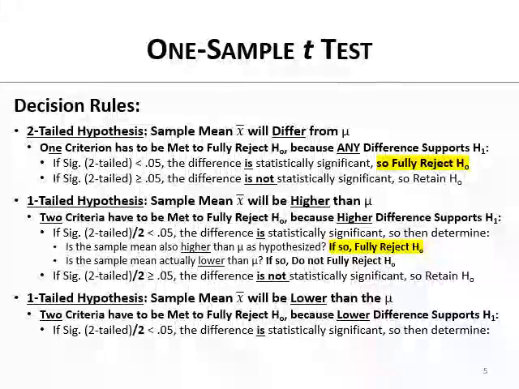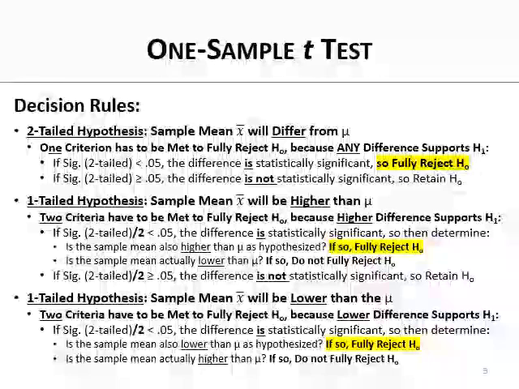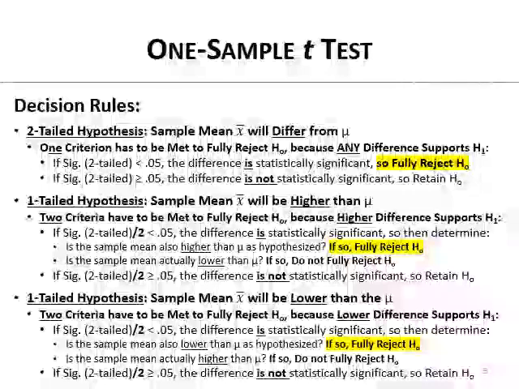Is it in the right direction? That's part 2. Is it lower? If so, fully reject the null hypothesis. If it's higher, nope, don't get to reject the null because you're wrong. You guessed the wrong direction. Is sig divided by 2 greater than or equal to 0.05? Well, then it's not a real difference. You do not get to reject the null.